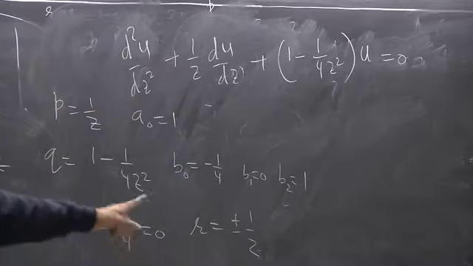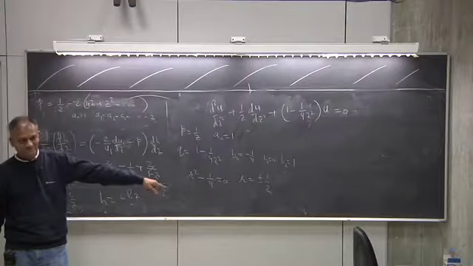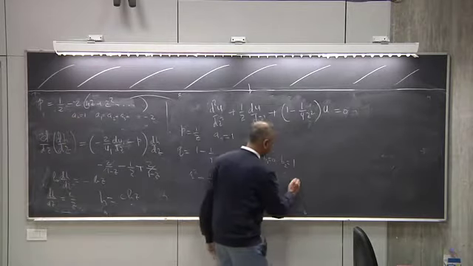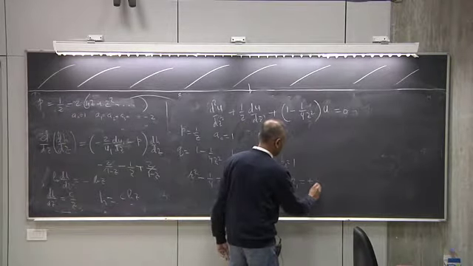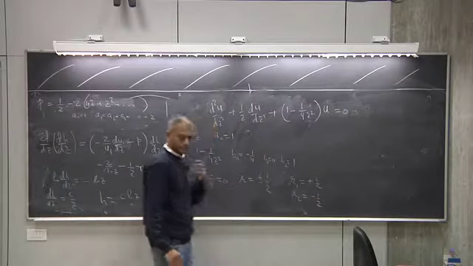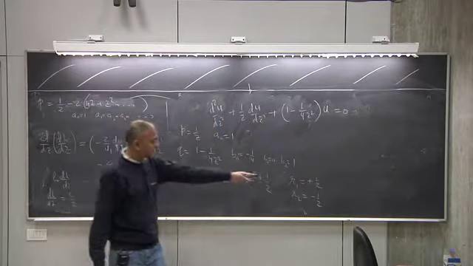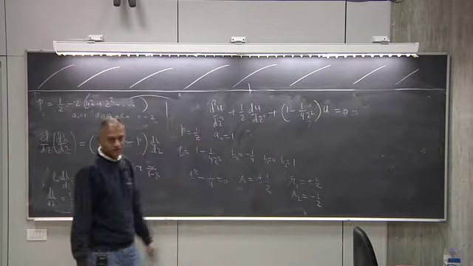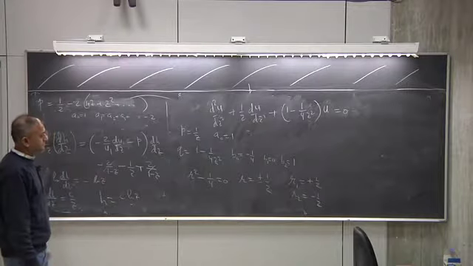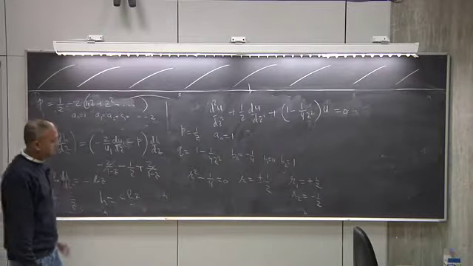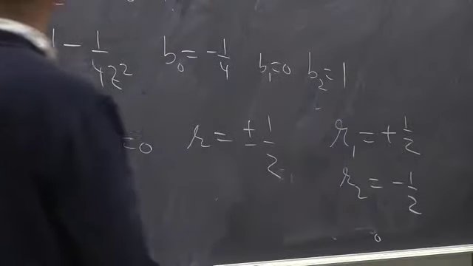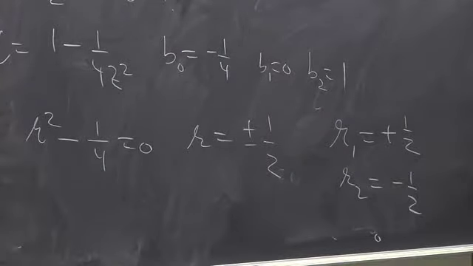And now you see that the difference is an integer, the difference is 1, right? So I call r1 as plus half, and r2 is minus half, because the real part of r1 is greater than or equal to the real part of r2. Okay, so now let's see what the recursion relation is again.